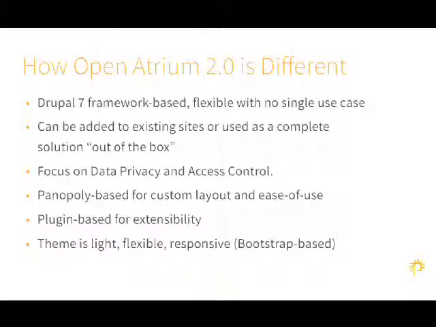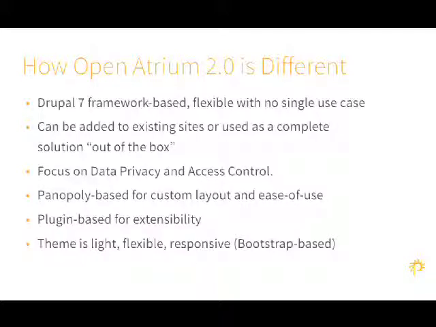So there's no Atrium 1 code in Atrium 2, other than the fact that we use some Drupal modules like Organic Groups. In terms of custom code, we started over and decided to write a Drupal 7 framework-based platform to make it more flexible, so that if you didn't like how it worked, you could fix that. If you didn't like how it looked, you could fix that.